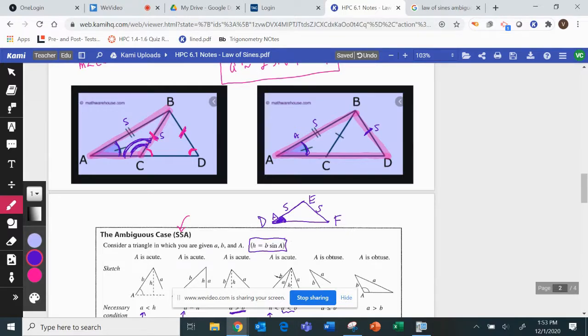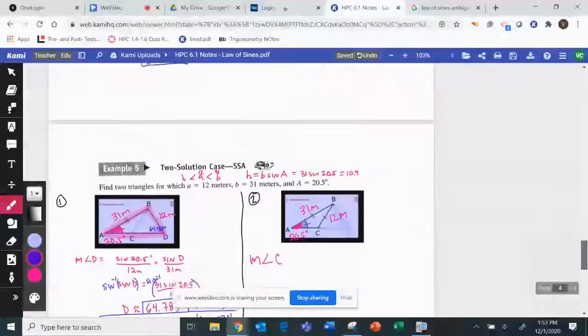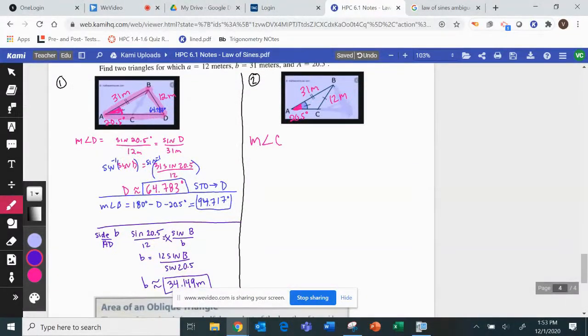So when we go to find this next version, the only thing we really have to change is the measurement of that angle that we find first. And we do that by subtracting the measurement we found the first time, which I stored as D because I knew we'd have to come back to it.